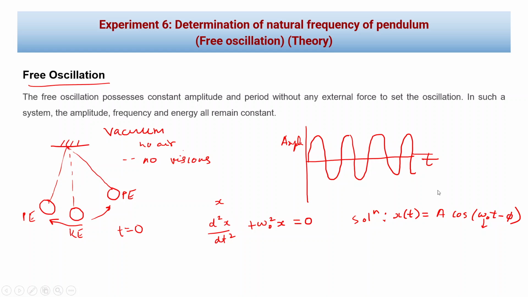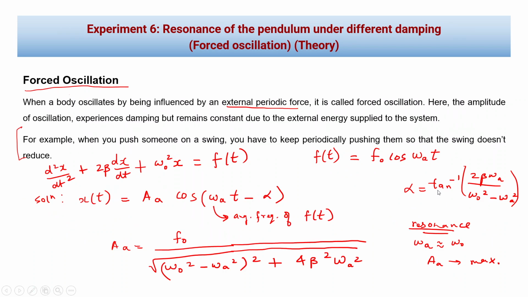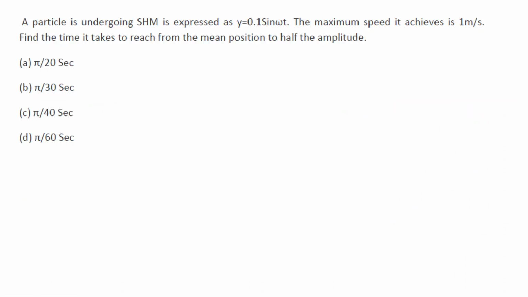So cos and sin both are fine. There I was using the variable x, here it's written y, it's the same thing, it denotes the displacement. Comparing with the standard equation, A is amplitude, y is displacement, omega is angular frequency, t is time.